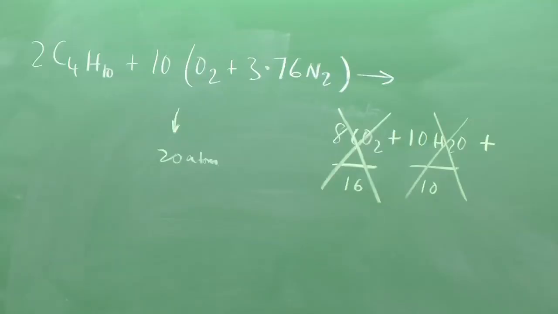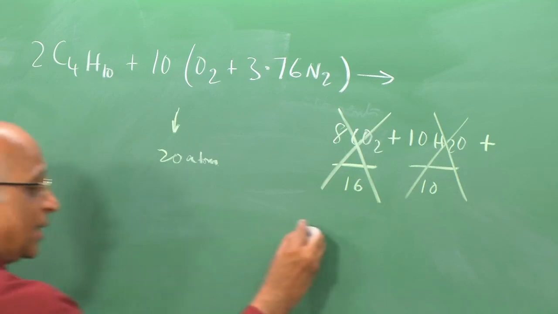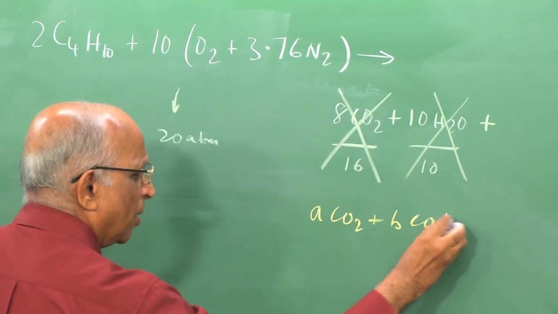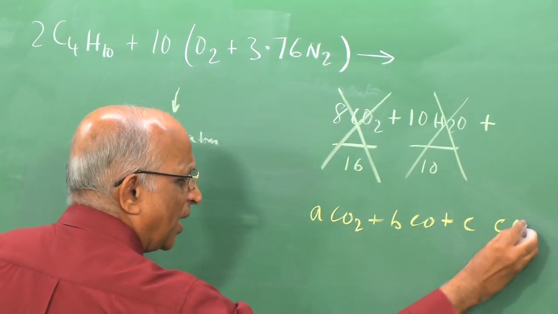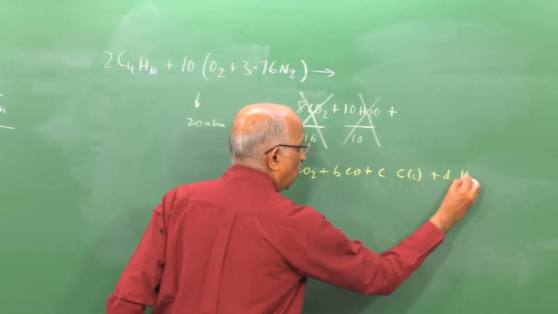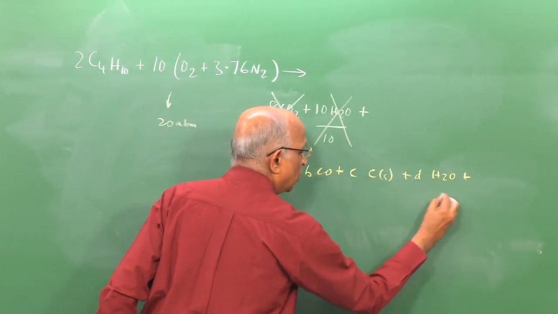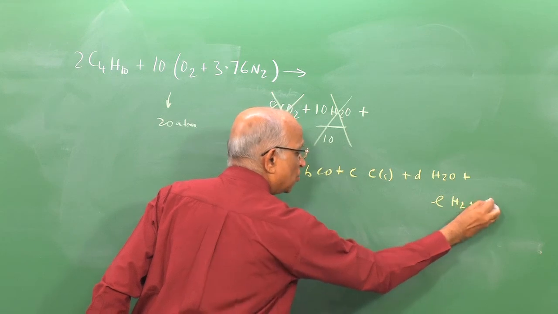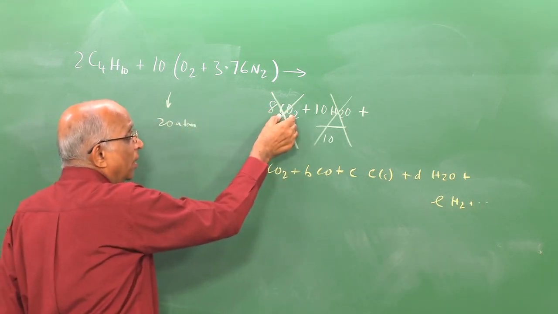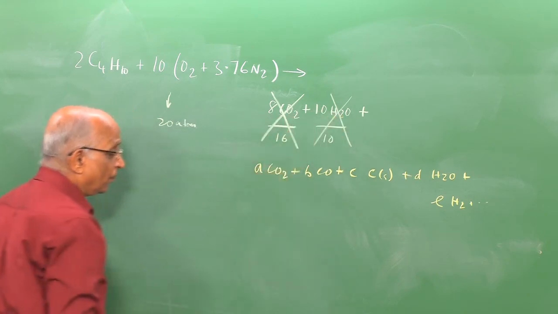Therefore, what could be formed? Could be something like A moles of CO2 plus B moles of CO plus maybe C moles of carbon itself as a solid plus maybe D moles of H2O plus maybe E moles of H2 and so on, because there is not sufficient oxygen to form carbon dioxide and water.